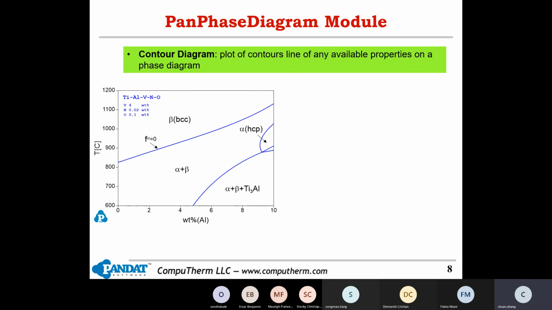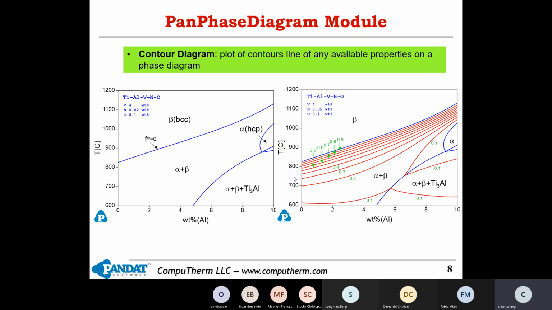This is an alpha-beta alloy, and the alloy composition is mainly located in this region. The fraction of the beta phase is very important for the alloy property. From this diagram, we know the alloy composition and temperature are located in the two-phase region, but we cannot directly know the exact fraction of the beta phase.